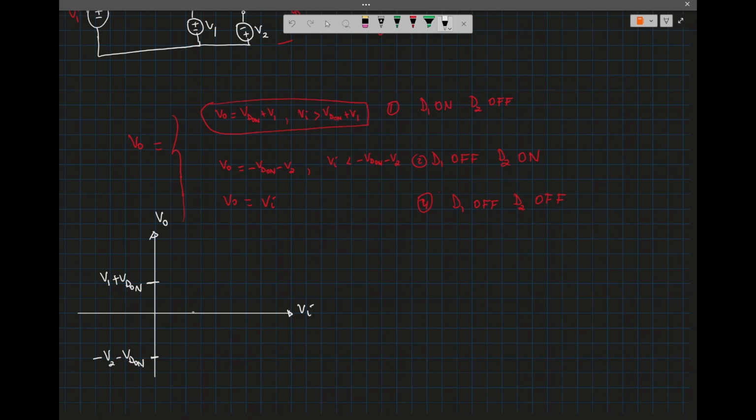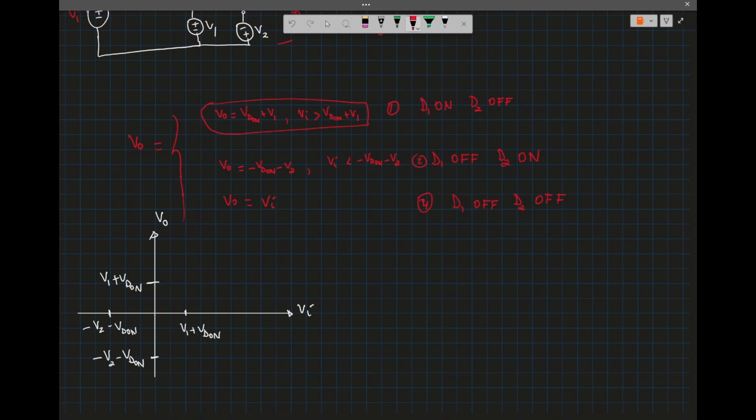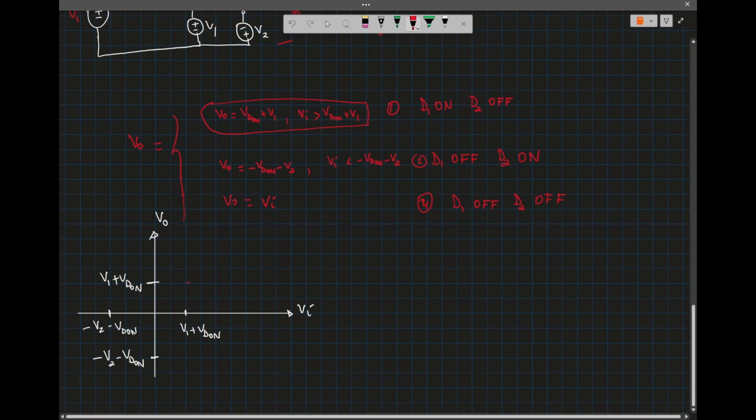So it's the same thing here: V1 plus VD1 and minus V2 plus VD1. Now when VI is bigger than VD1 plus V1, V0 is equal to this.